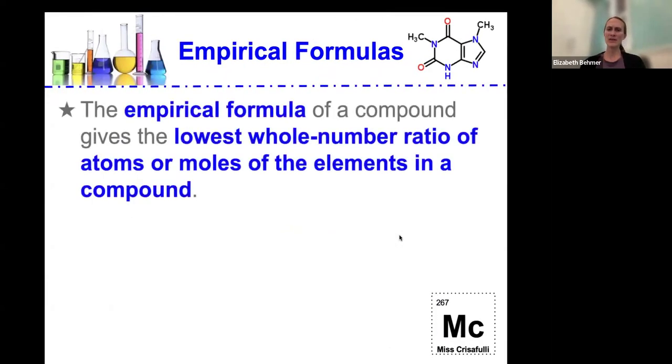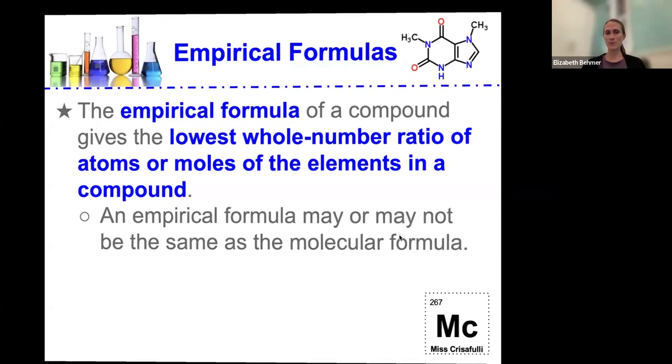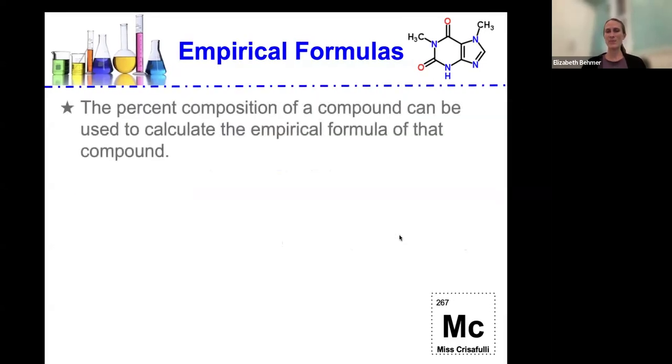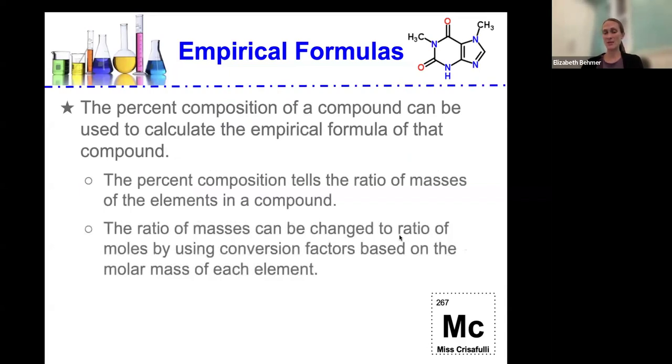The empirical formula of a compound then gives the lowest whole number ratio of atoms or moles of the elements in a compound, and an empirical formula may or may not be the same as the molecular formula. We'll go through some examples of this. The percent composition of a compound can be used to calculate the empirical formula of that compound, and the percent composition will tell the ratio of masses of the elements in a compound.